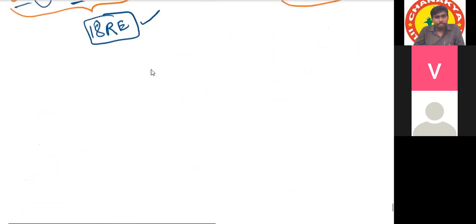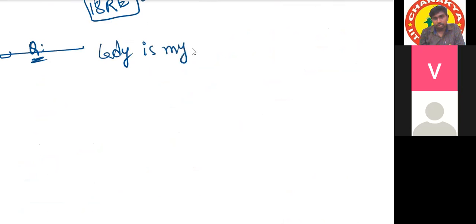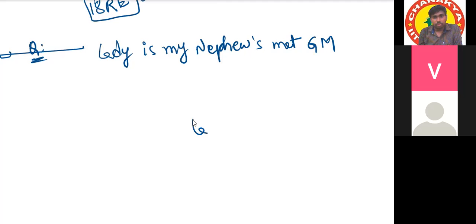Sir, I have another doubt in blood relationship. Tell. A man pointing to a photograph says, "The lady in the photograph is my nephew's maternal grandmother." How is the lady in the photograph related to the man's sister who has no other sister or brother?